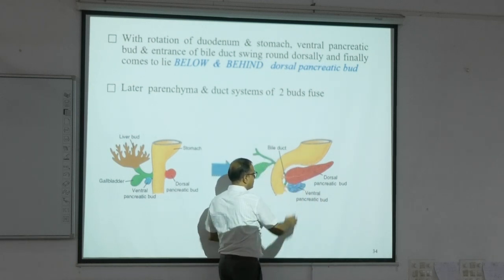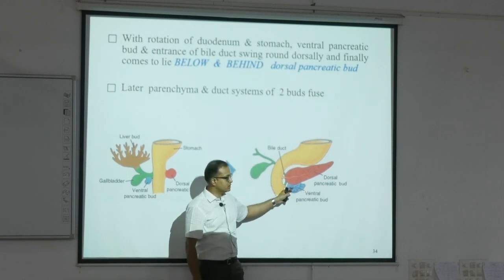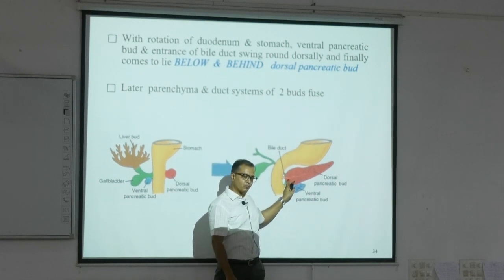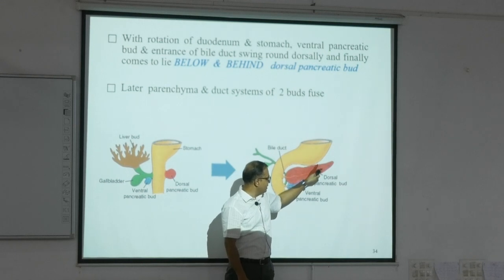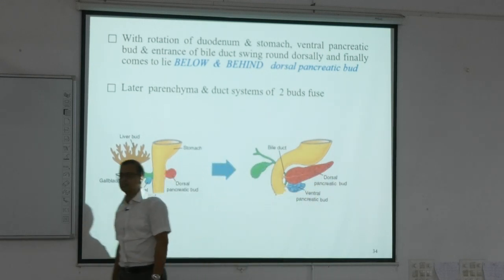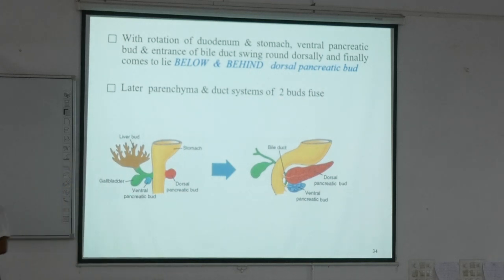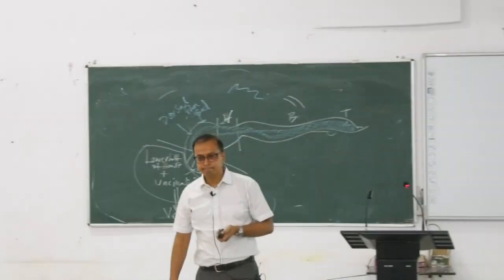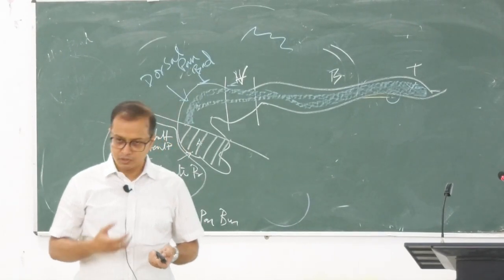The rest, the upper part of the head, neck, body, and tail, develops from the red pancreatic bud, which is the dorsal pancreatic bud. So this is how the pancreas develops. It goes under and posterior.